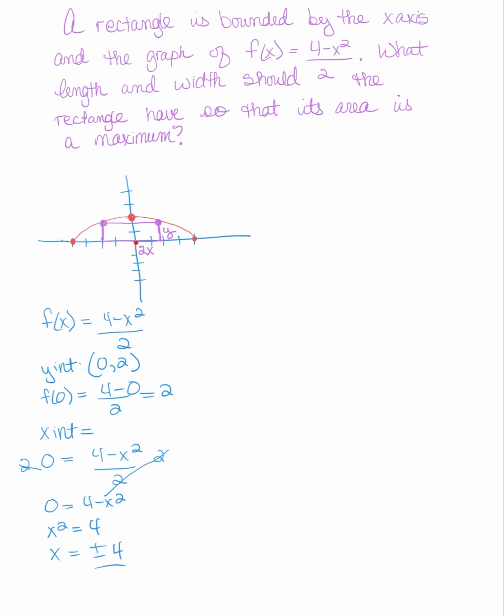Well, if we're looking at the distance from our origin, we have x direction this way, and we have an x direction this way. And since distance is never negative, I'm not going to say x plus negative x, it's just going to be 2x. And then we have y for our height. You could also call that h or z or whatever you want to, but I'll call it y.